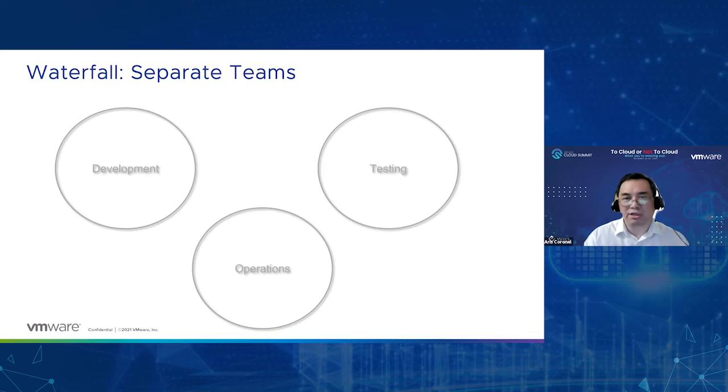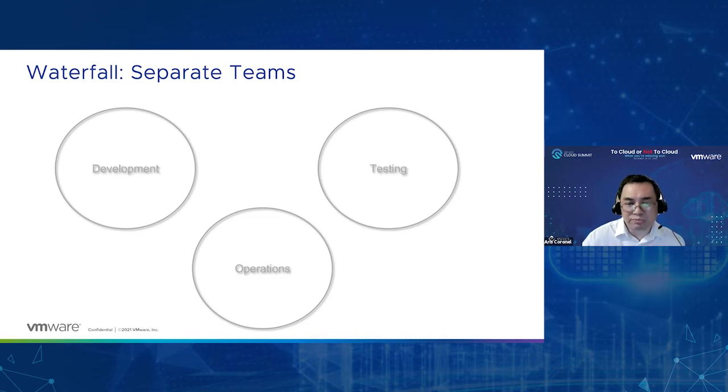So kita natin si development, si testing, si operations. Agile has solved the development and testing process, but really did not touch on operations. So typically in the waterfall world, these three areas are kept separate and being run by different groups.